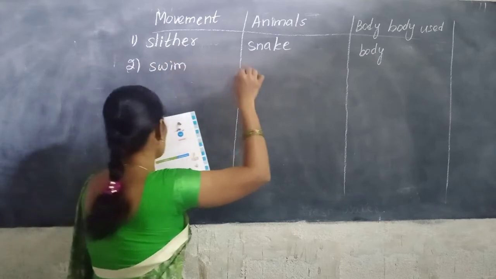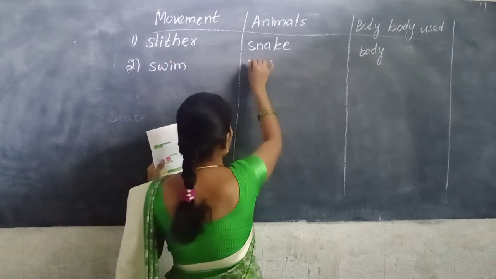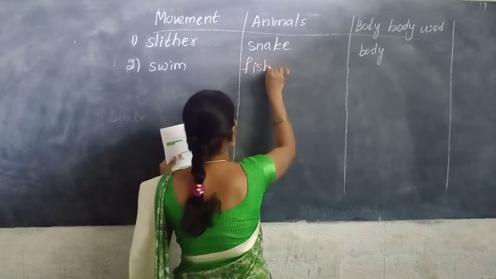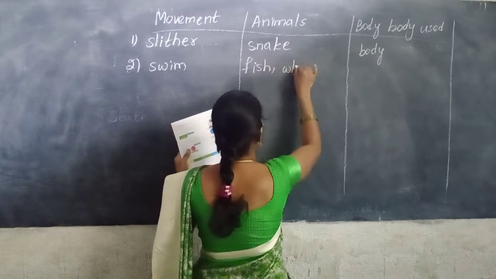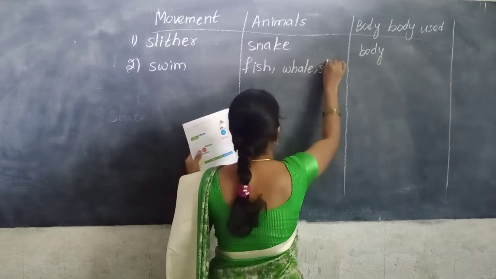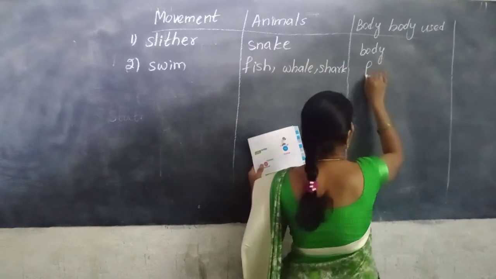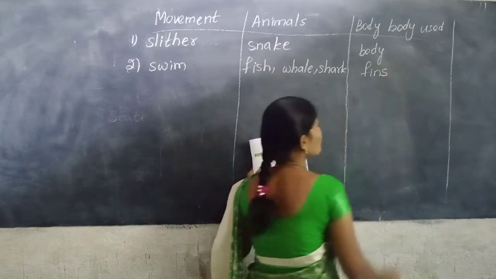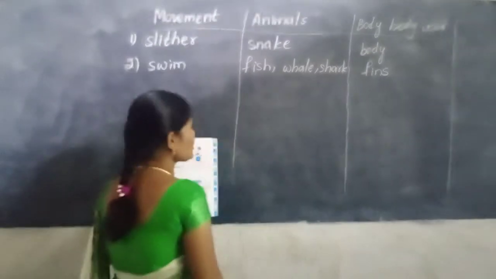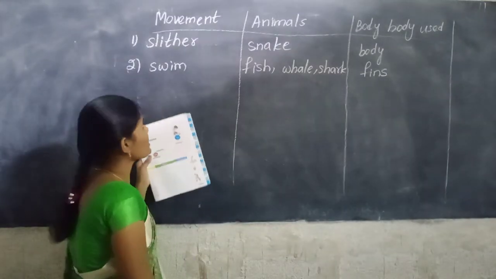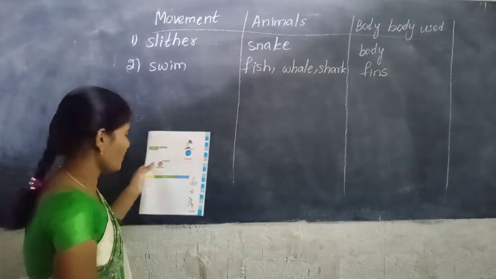Some can swim. Some water animals like a fish, whale, and a shark can swim with their fins. Fish, whale, and shark use fins to swim.